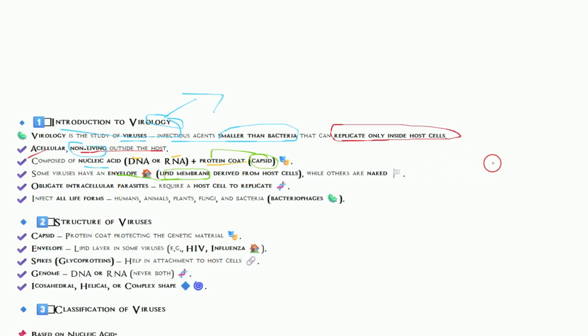So if we make a structure, suppose this is our DNA or RNA, outside there is a capsid, and outside this there is an envelope made up of lipid. Sometimes this envelope is absent, so we see only up to the capsid area and can't see the envelope. So based on this, viruses are divided into enveloped and non-enveloped, right?